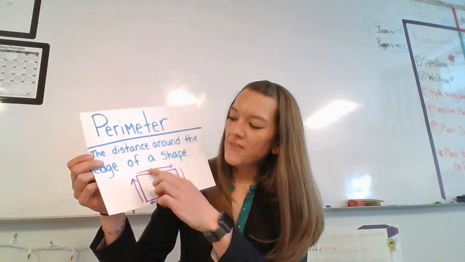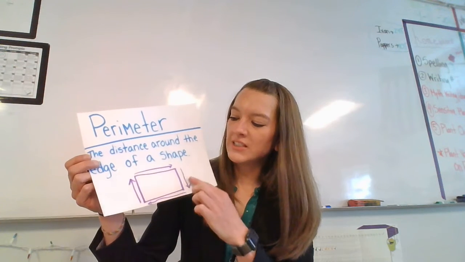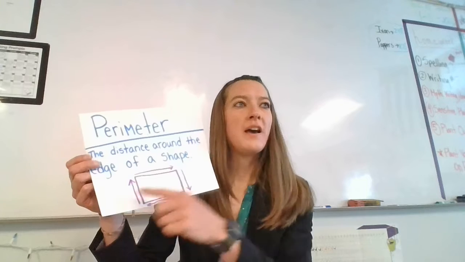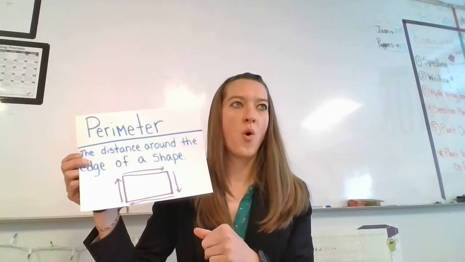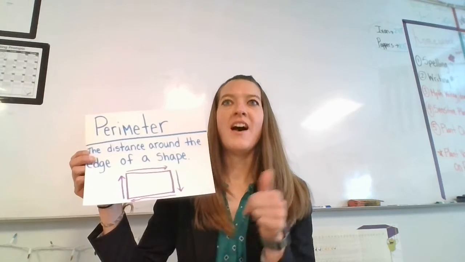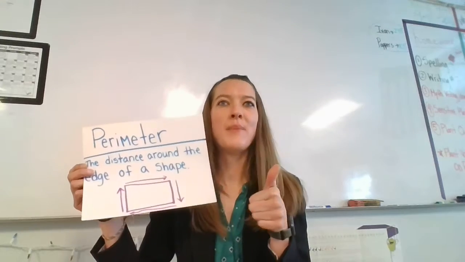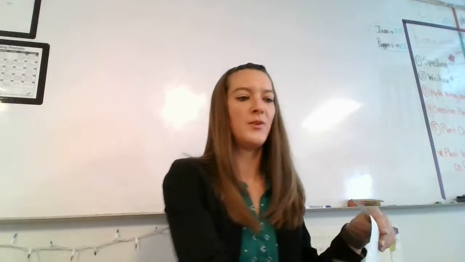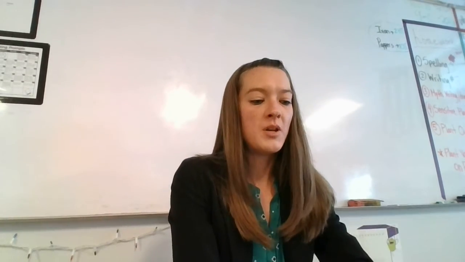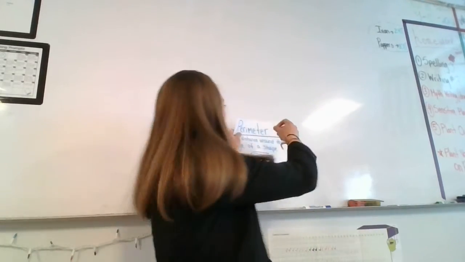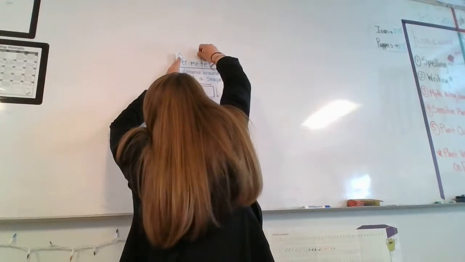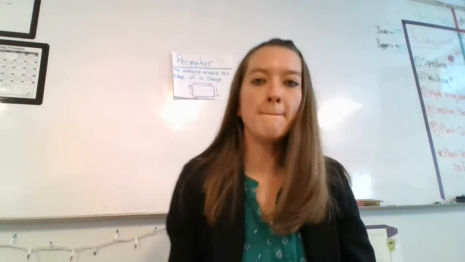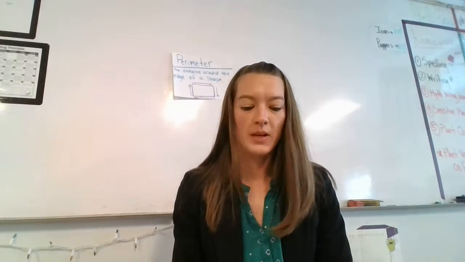So if we're given a certain length, we would add these all together to find the total perimeter around the whole outside. I've got a bunch of heads nodding. You remember that from last week now? I know we just had to shake the cobwebs out a little bit. So I'm going to put this right here so that we can have it there to remember what we talked about last week.